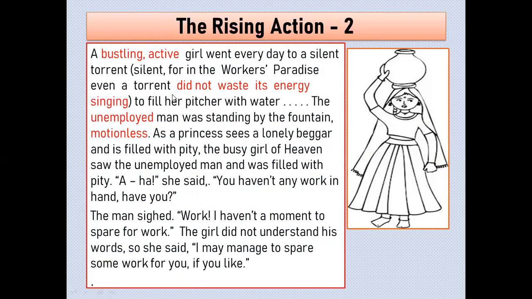Generally, any other story would have spoken about how water which is flowing very fast was making some music or noise. But here in this story, the torrent makes no noise at all, because this noise does not have any purpose. And so the young girl looks at the unemployed man, and then she feels pity for him, and she asks him whether he doesn't have any work at hand. And so the man says that he hasn't a moment to spare for work.